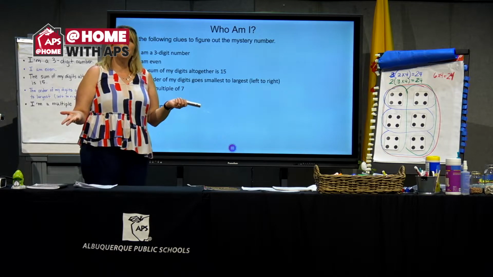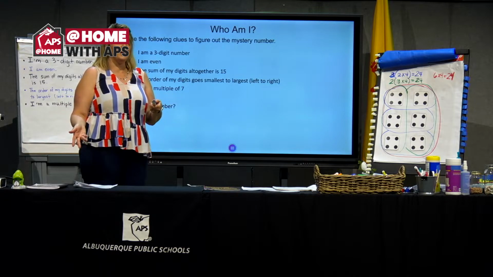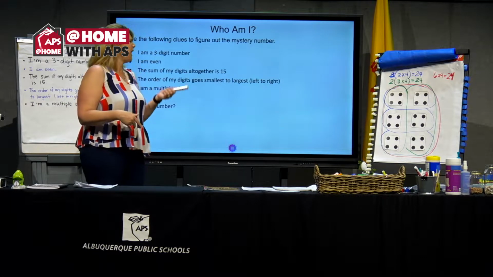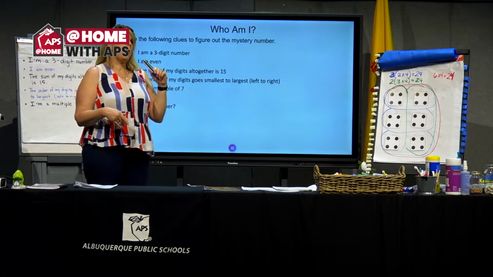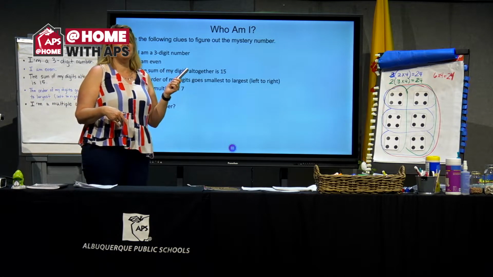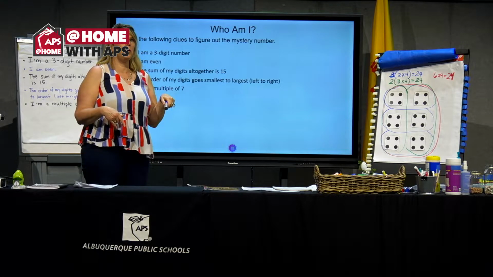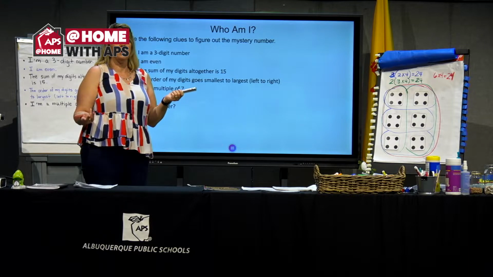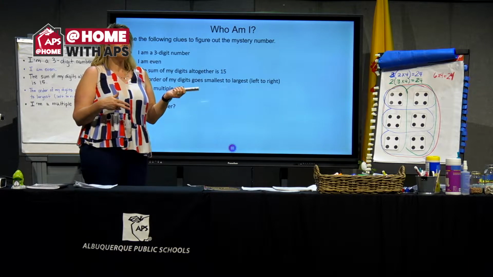Well, I already know that 7 times 10 is going to be 70. That's not going to work for my first clue, which was I'm a 3-digit number. I'm wondering if maybe I did 7 times 20. That's 140, that's 70 plus 70. Would that work to be maybe my number?